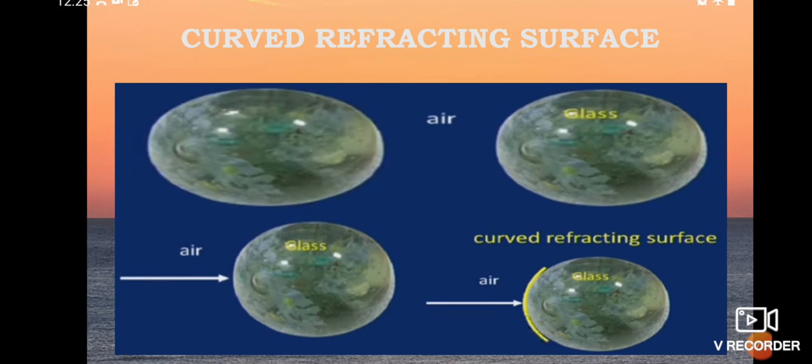If you observe, I have drawn it in a yellow color sketch. So this is called the interface. Okay students, so this is the interface, that is, the curved refracting surface.